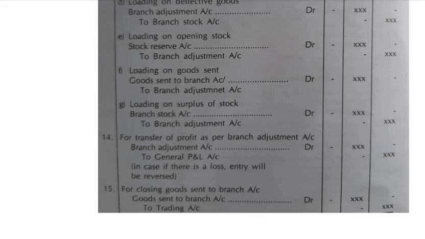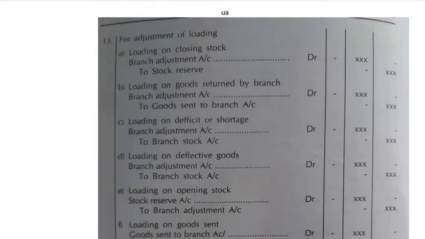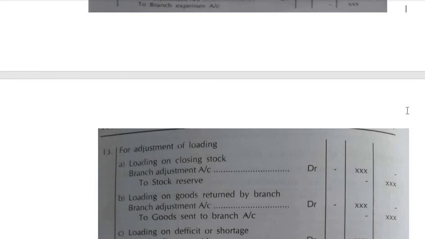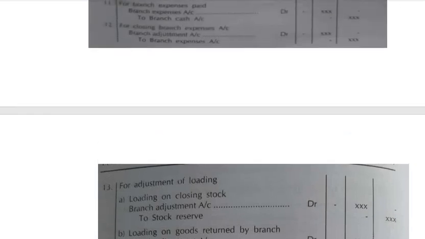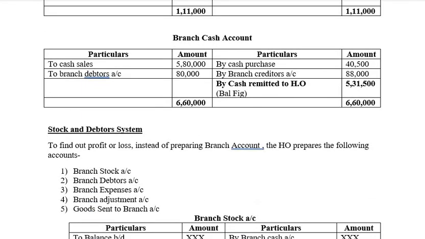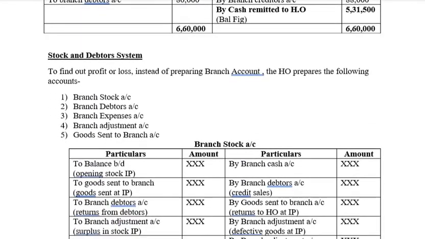I'll start with the problems in the next class. Before we start, see that you write down these journal entries, and also note down the pro forma of the stock account, debtors account, branch adjustment account and all.